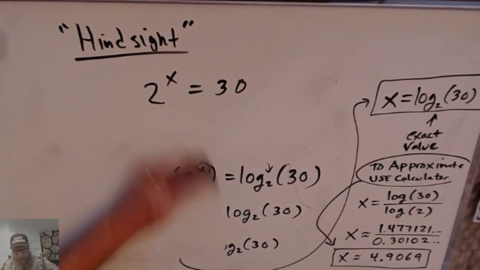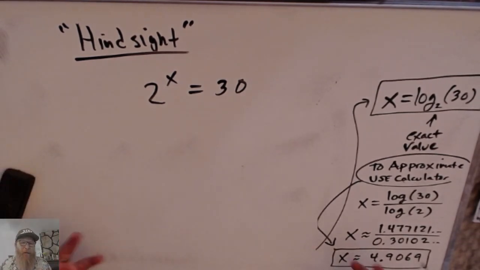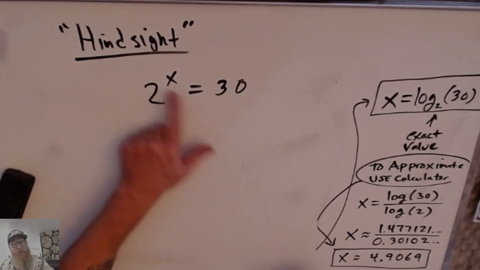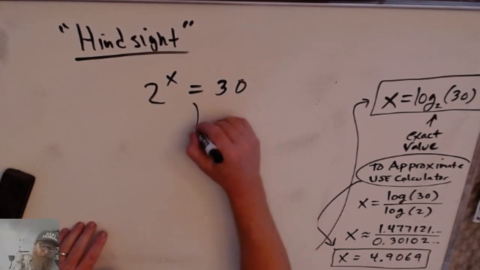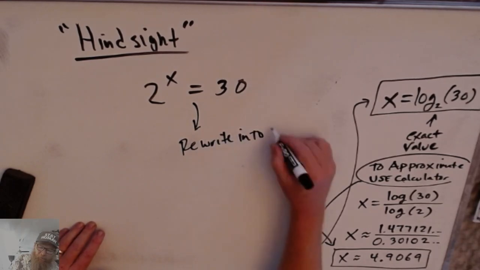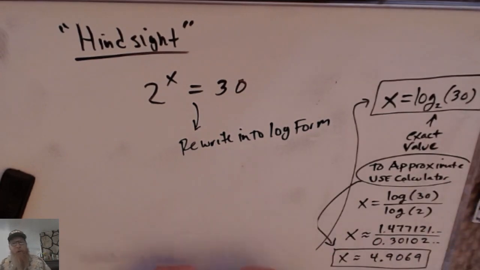So we've already solved the problem now, and sometimes I recommend reflecting on a problem that you've just solved and thinking about, how did you solve that problem and what does the answer actually mean, right? So 2 to the x is equal to 30. If you just rewrite into log form, remember the log form?